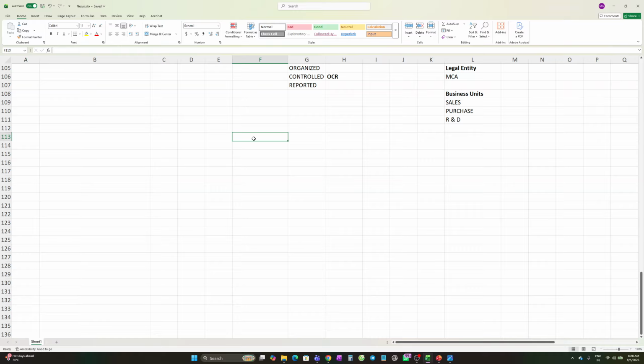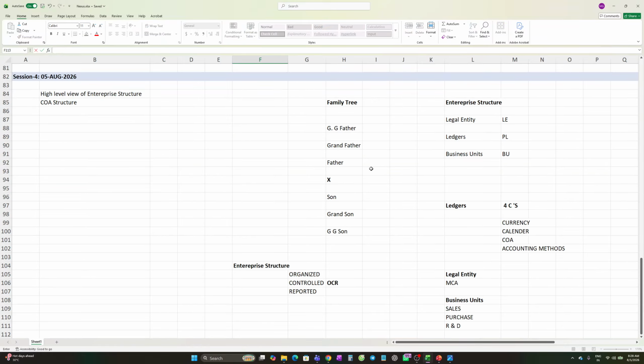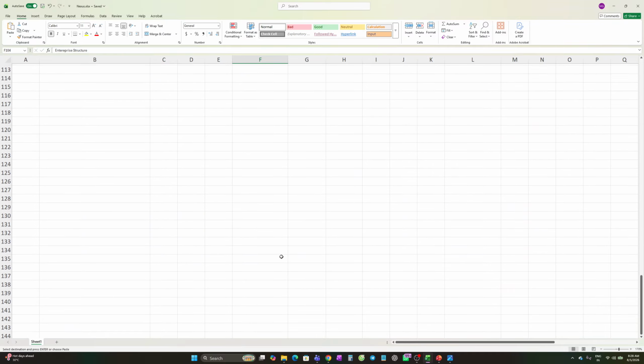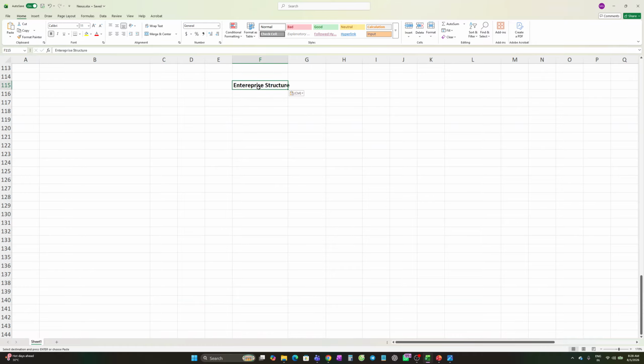Here, I will show you a simple example. You start your answer like this. We had one enterprise. We had created one enterprise structure. Under the enterprise, we have six legal entities.